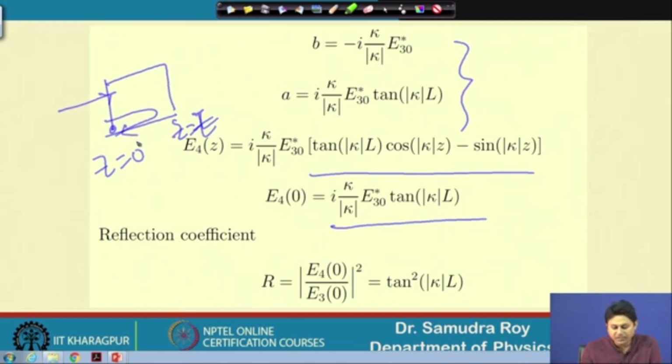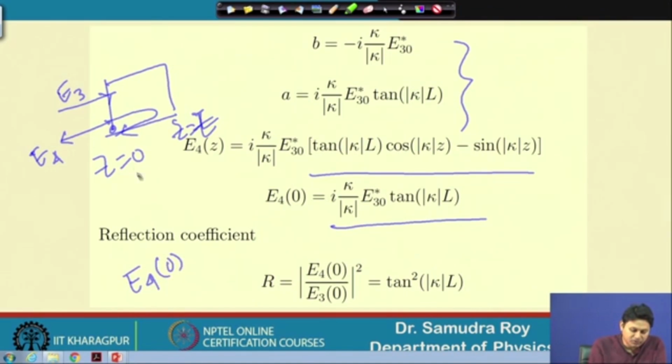Now if I try to find the reflection coefficient, because E3 is here and E4 is reflected back, the reflection coefficient is simply E4 at z equal to 0 divided by E3, the incident wave at 0, mod squared.